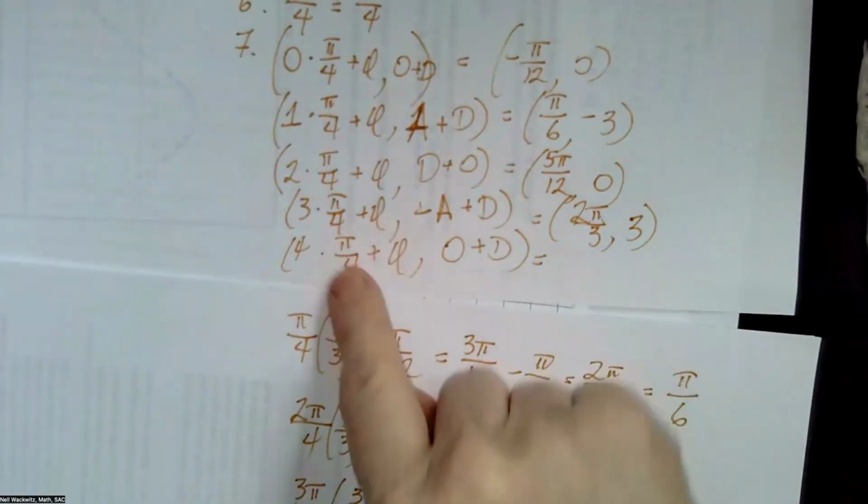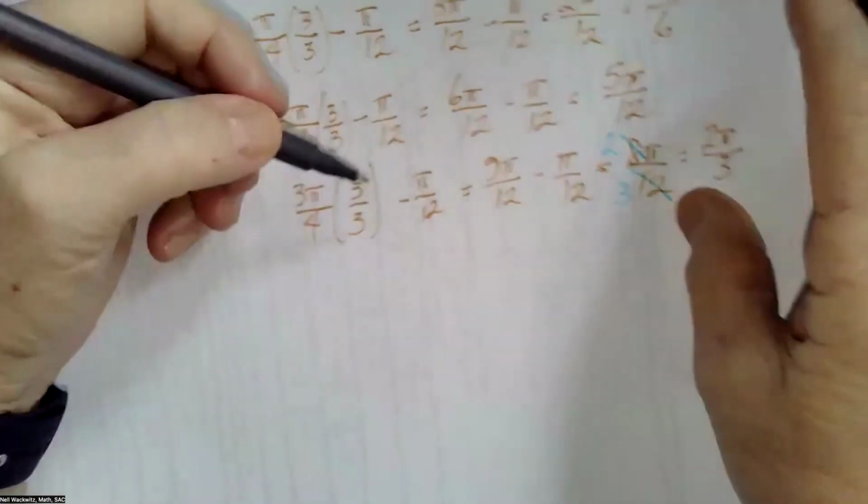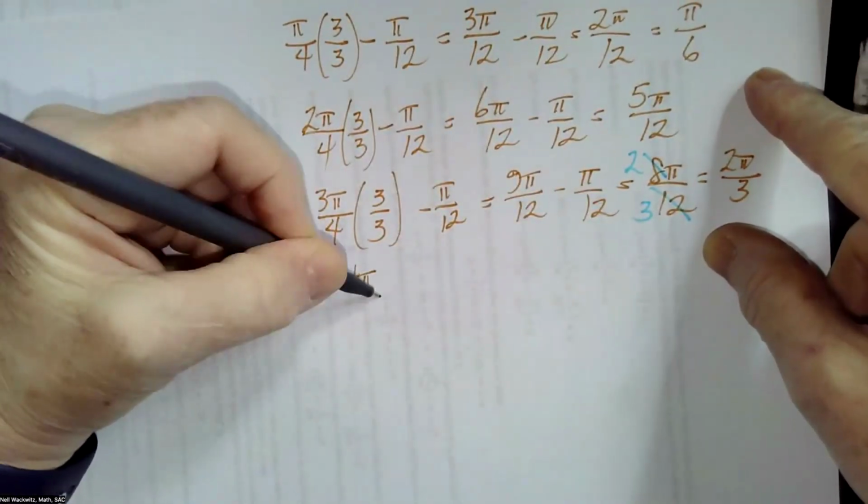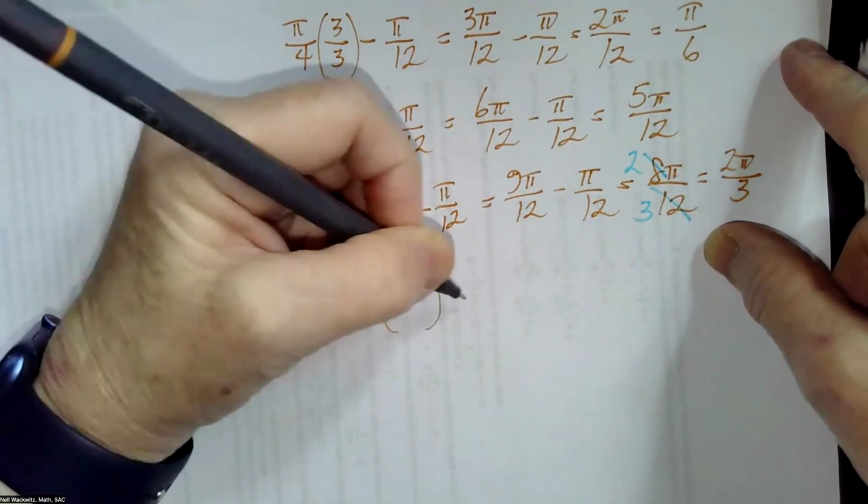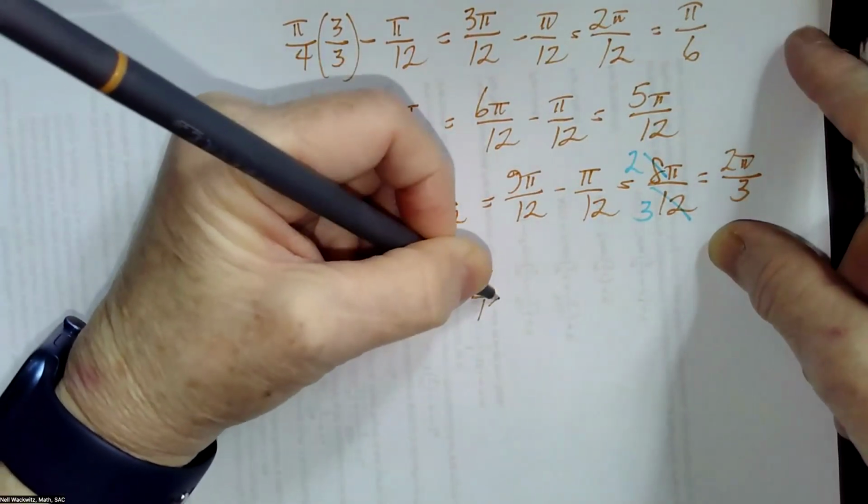And finally, we have π over 4 times 4 plus B. So that's 4π over 4 minus π over 12.